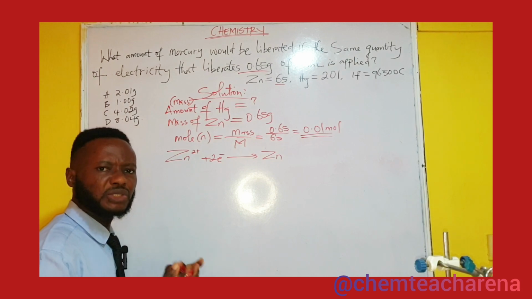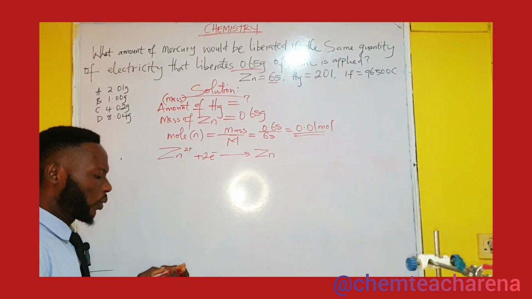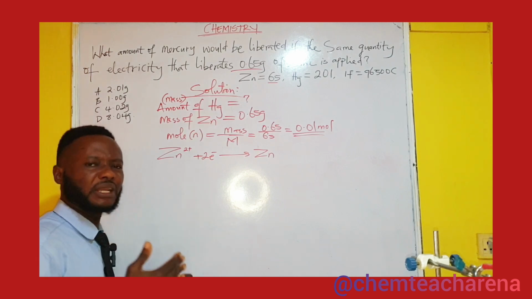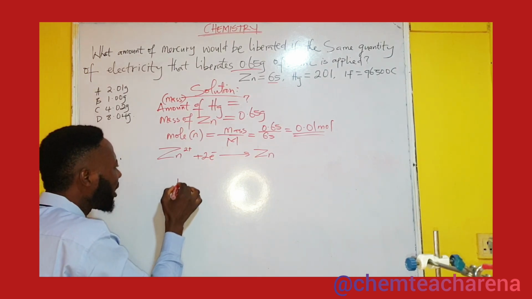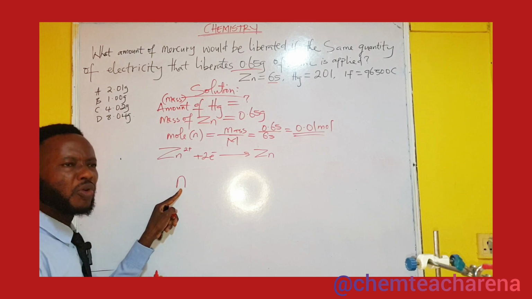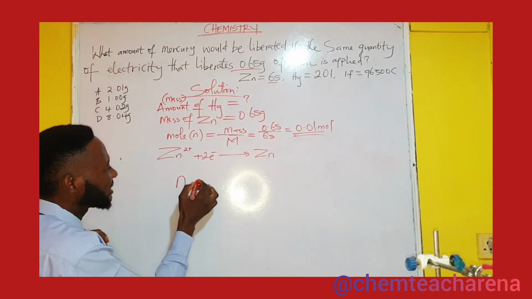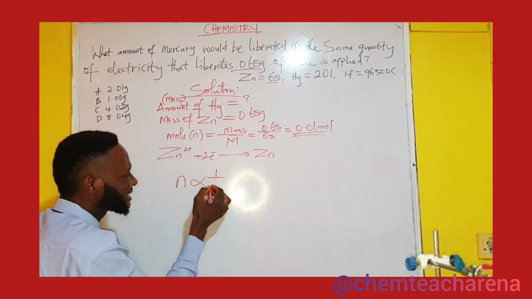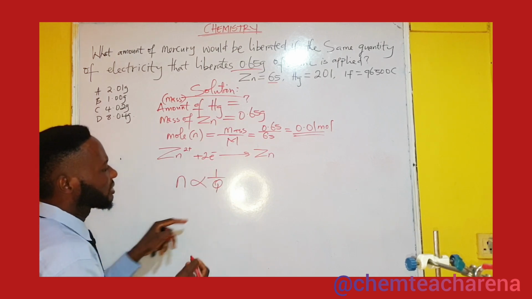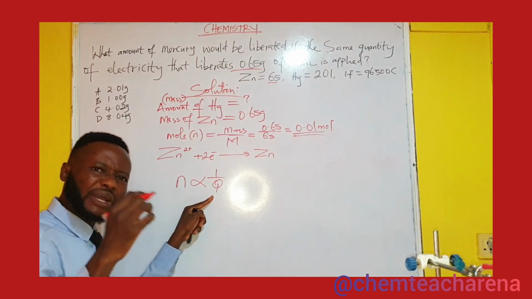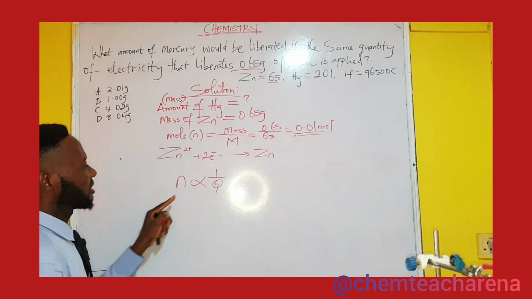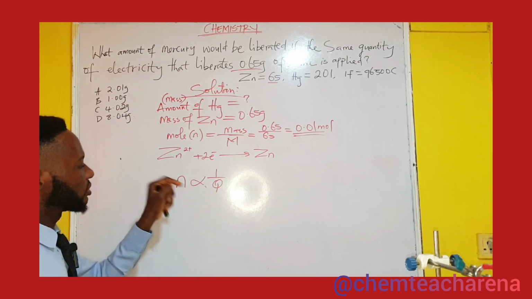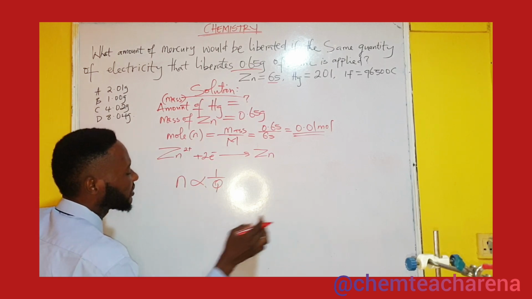It states that when the same quantity of electricity is passed through different electrolytes, the number of moles of the element deposited is inversely proportional to the charge on the ion of the element.